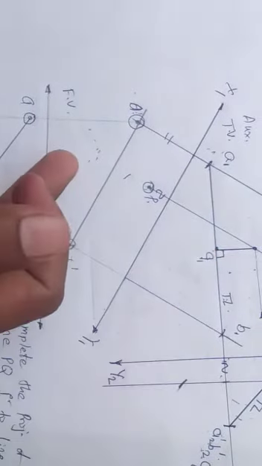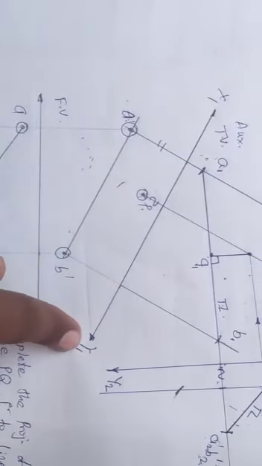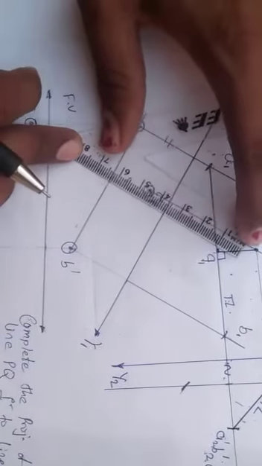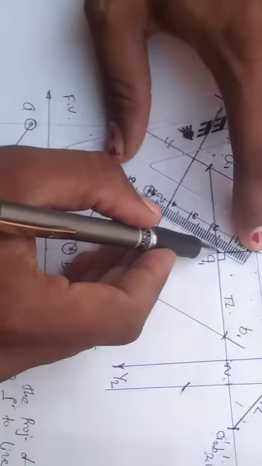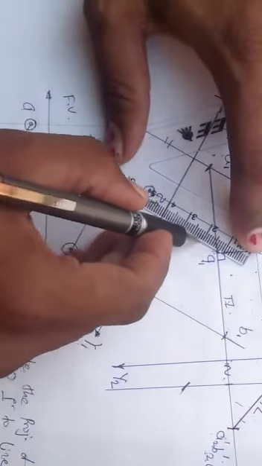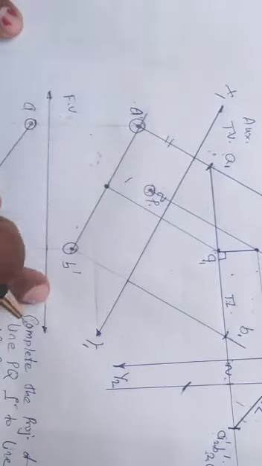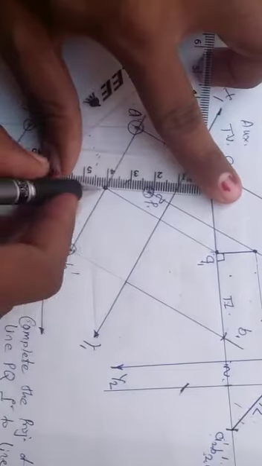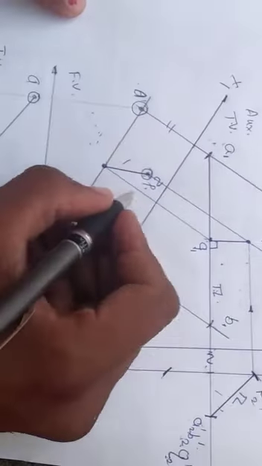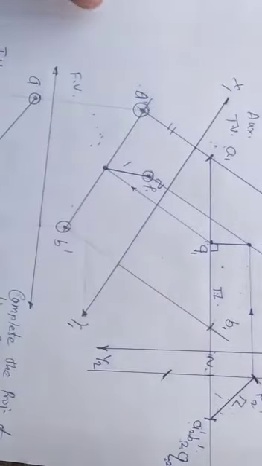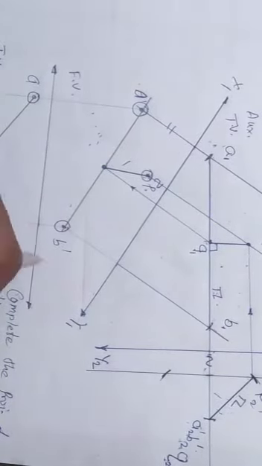Now take it back again in the front view. How to transfer it? Perpendicular to x1, y1. So locate it here on line AB. Now we need to transfer both P and Q into the top view.